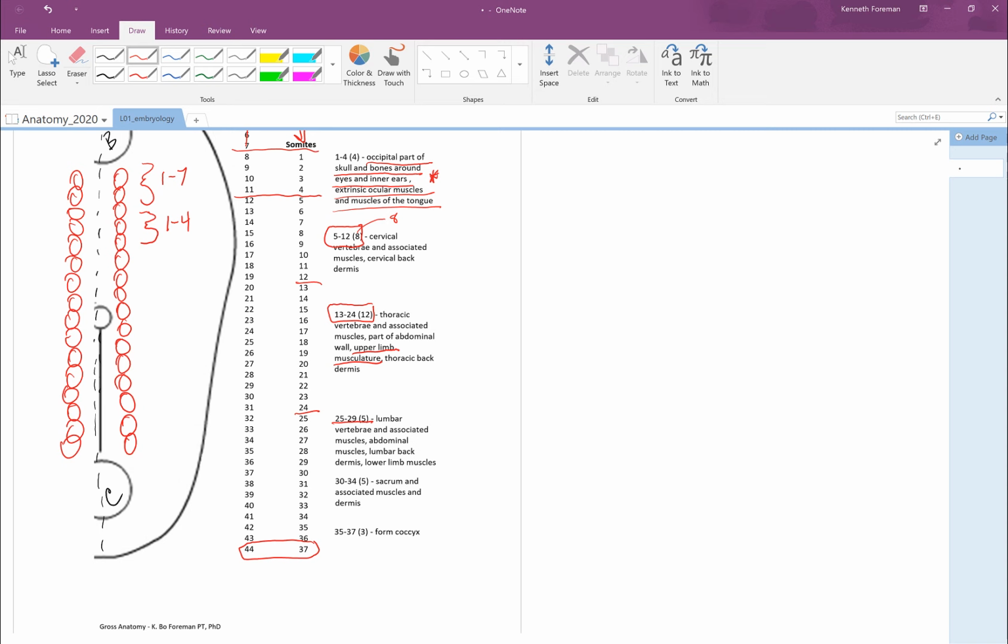The same thing happens for the sacrum. Okay? And then for the coccyx, we actually typically have 1 to 3 coccygeal vertebrae, and we only have 1 nerve going to that typically, and that would be coccygeal 1 nerve. So only one of the nerves is innervated by tissue coming from neural tissue.